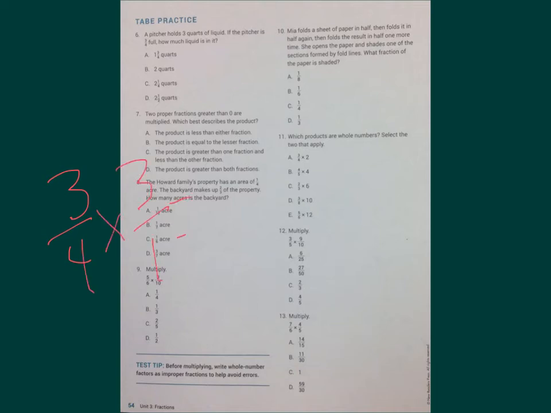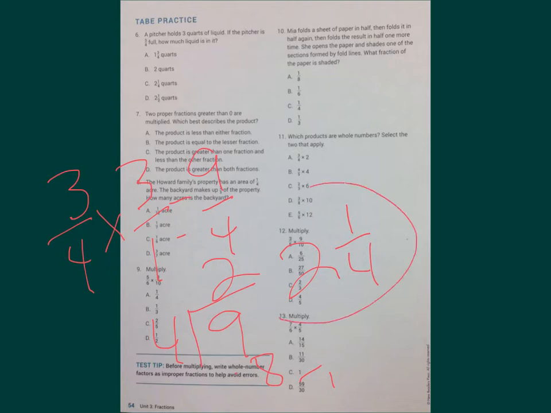And if you just multiply it out, it's going to equal 9/4. So then we're going to divide 9 by 4, and that will divide 2 times with 1 remainder. So then we're going to have 2 1/4 is our answer, and that is C.